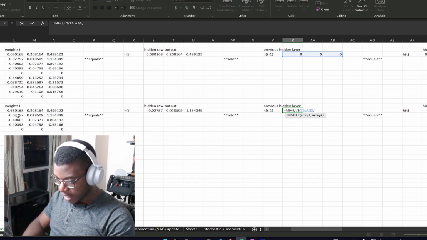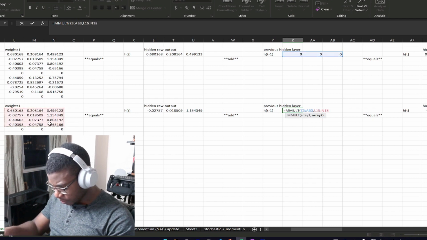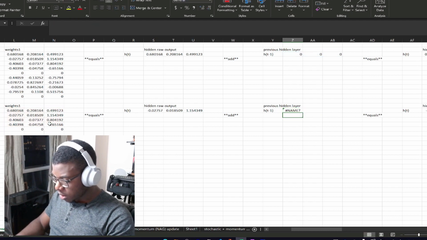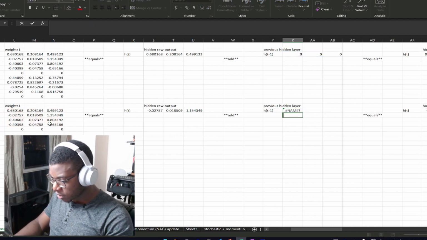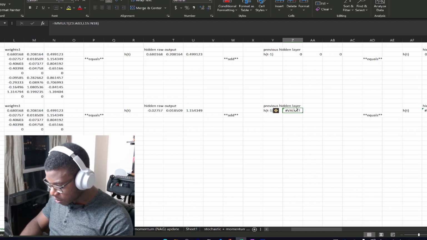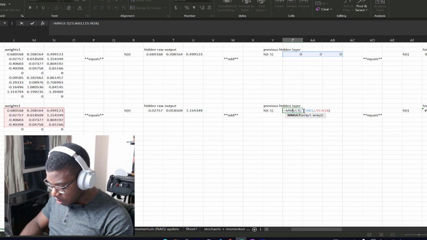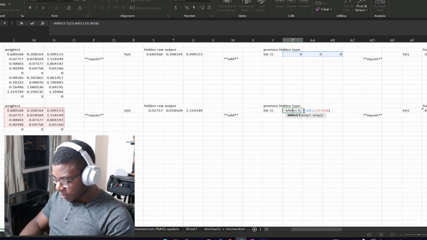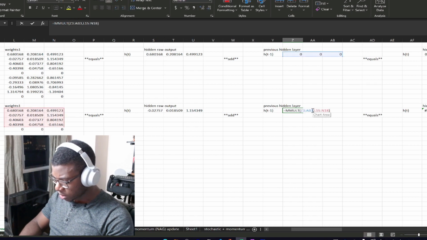So just multiplying that by just the weights themselves, it should produce the correct, oops. What's the error? Multiplying a 1 by 3 matrix by a 3 by 3 matrix should be good.